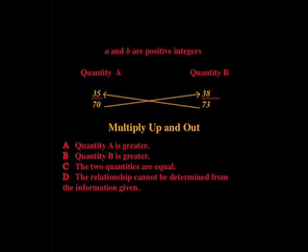Let's get really ambitious. Let's try 35 over 70. That makes column B (35 + 3) over (70 + 3), which makes column B 38 over 73. And then if we do our up and out multiplying, 70 times 38 is 2,660, and 35 times 73 is 2,555.